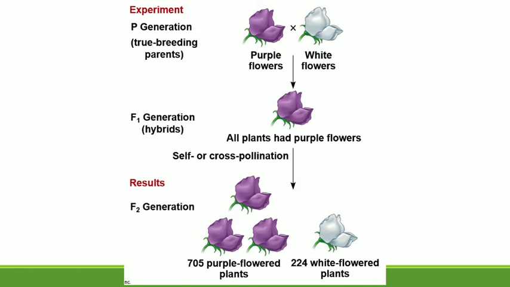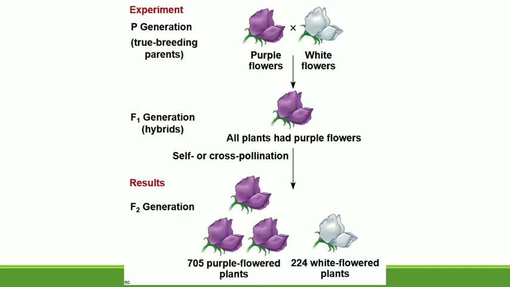So you had to start out with two types of true breeding plants for the same trait. So the trait is flower color, one variant is purple, one is white, and they're both true breeding for these variants. You artificially cross-fertilize these two true breeding plants, and you have the F1 generation where 100% of the offspring look like only one of the parents for the trait that you're keeping track of.